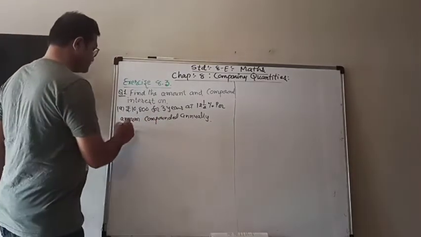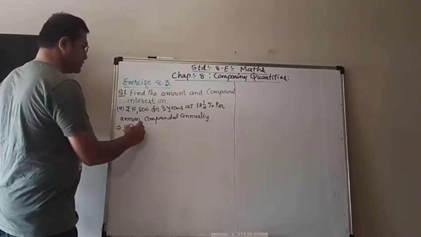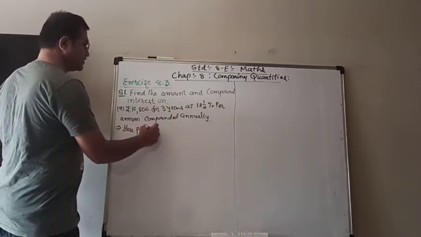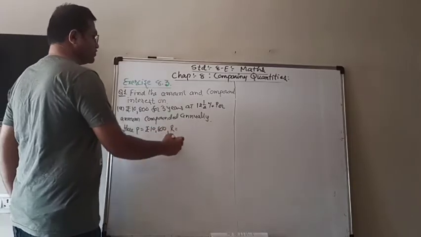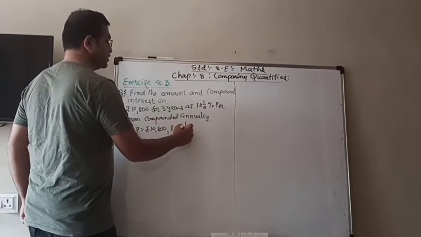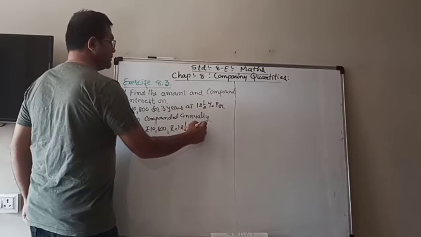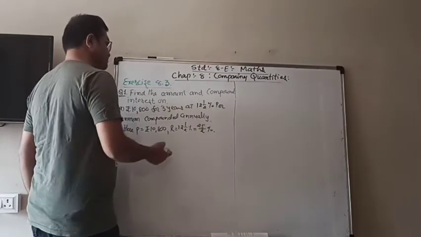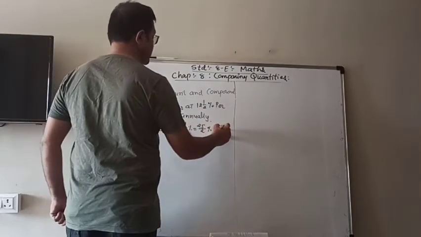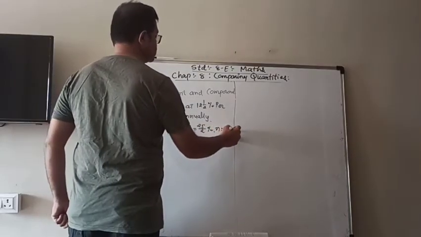So here P is equal to rupees 10,800, R is equal to 12.5, which means 25 upon 2%, and N is equal to 3 years.